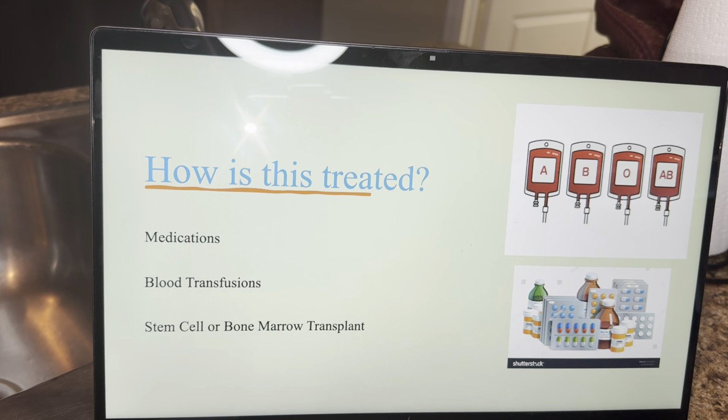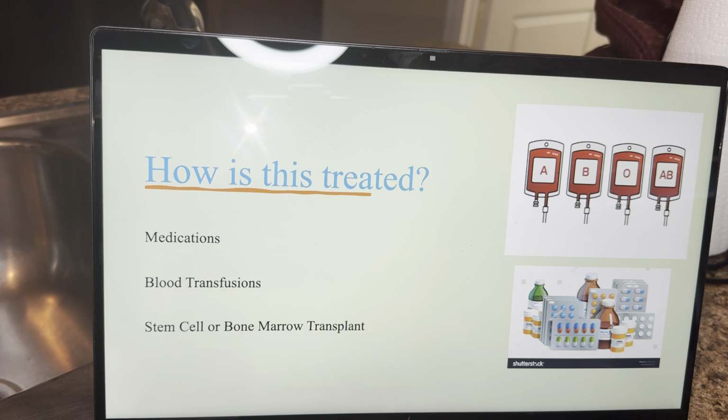So how is somebody with sickle cell anemia treated? A big thing for sickle cell patients is really medications. Like I mentioned earlier, these people who have sickle cell are in a lot of pain, and there are medications that will help relieve that pain. Obviously, it's not going to cure it, but it will help relieve.